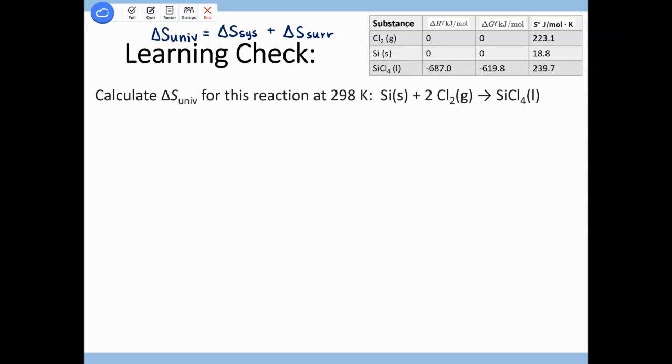You can start wherever. When I go through it, I will start with delta S of the system, but it doesn't matter where you start.